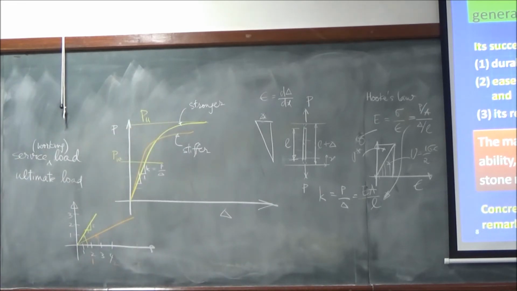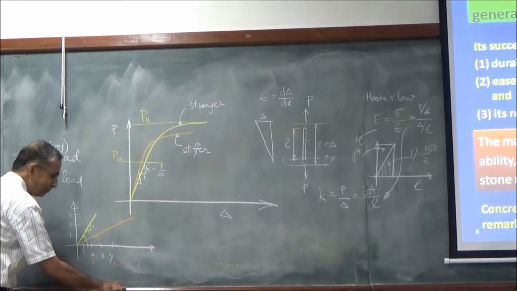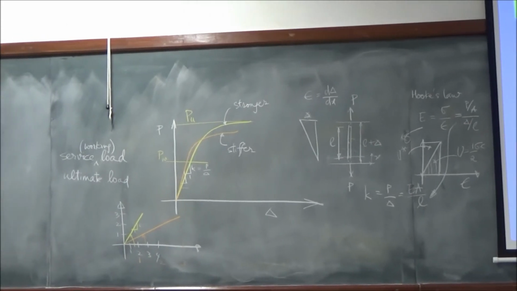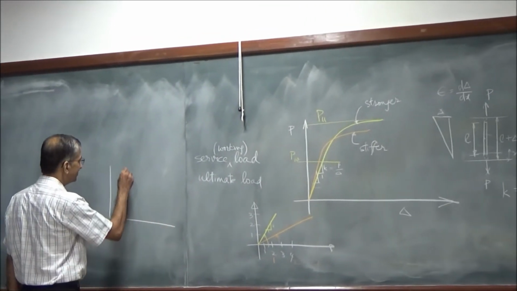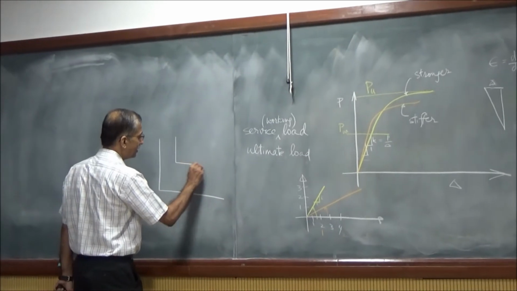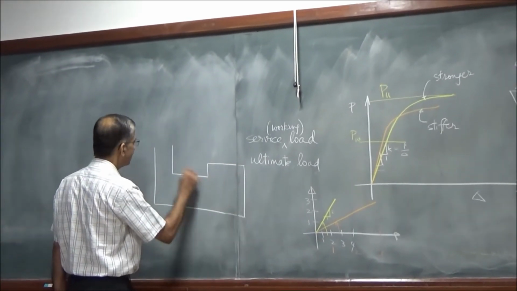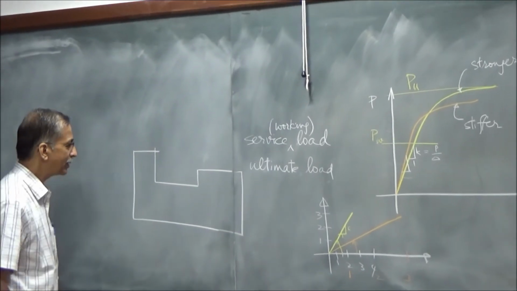I'm sorry, it's a digression, but I want to tell you something which actually caused distress in a water tank which was built. Well, engineers should know that. So there was a water tank which had a shape like this. Okay.